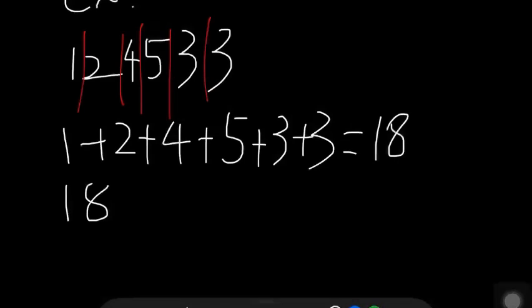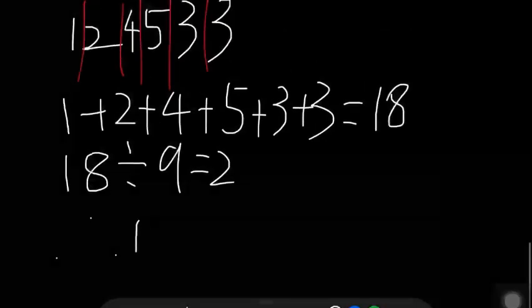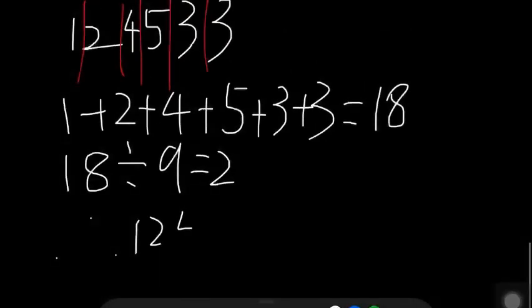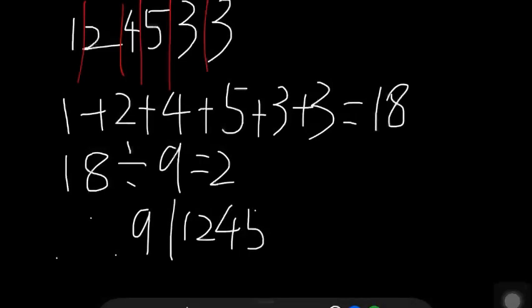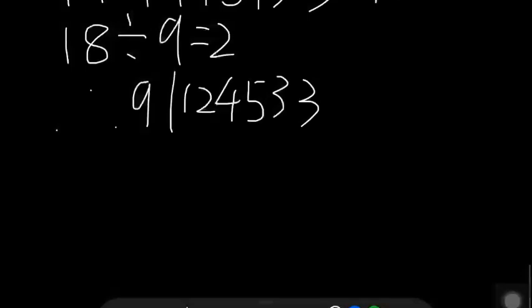And 18 divided by 9 equals 2 with no remainder, which means the number is divisible by 9. So 124,533 is divisible by 9, and we just needed to look at the digits without calculating at all, which is really nice.